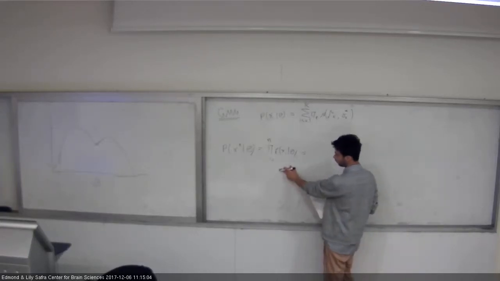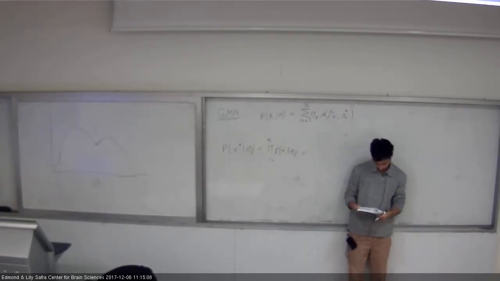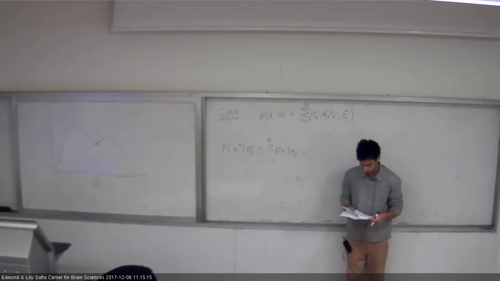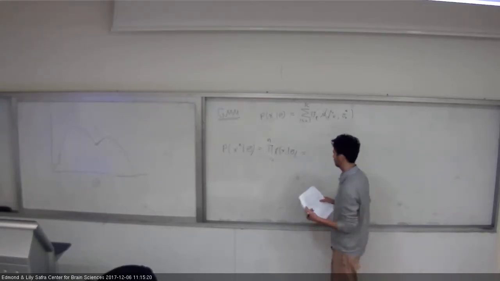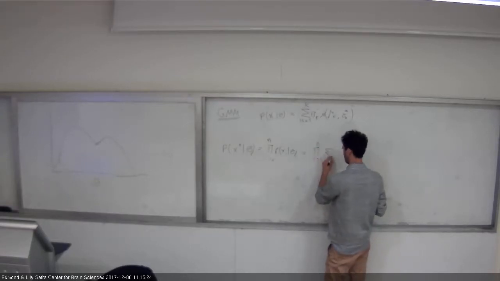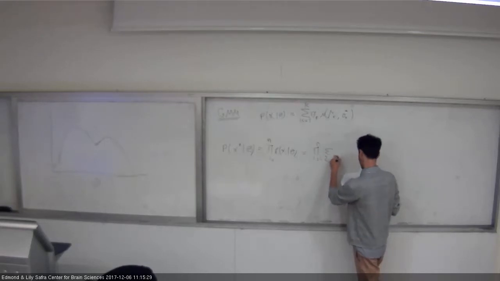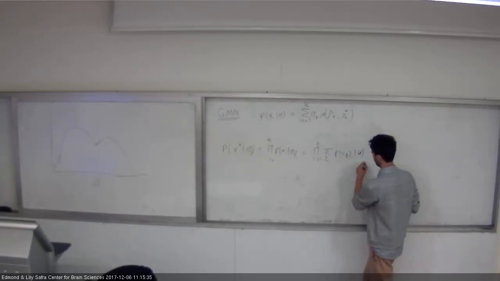But what is this term? We also have a sum over all of our z. So here we have a summation over all the z_i of p of x_i, z_i given theta.